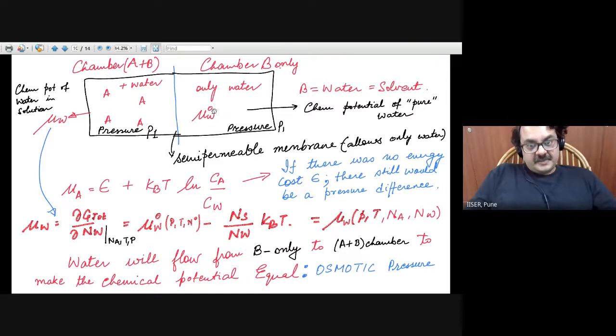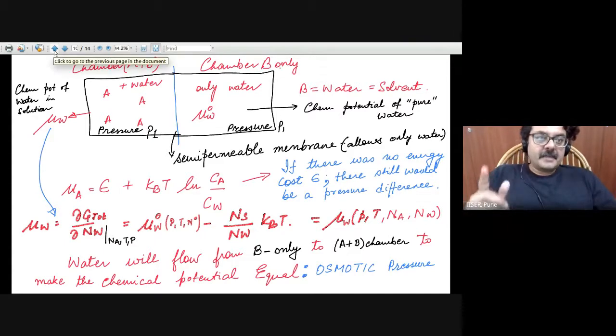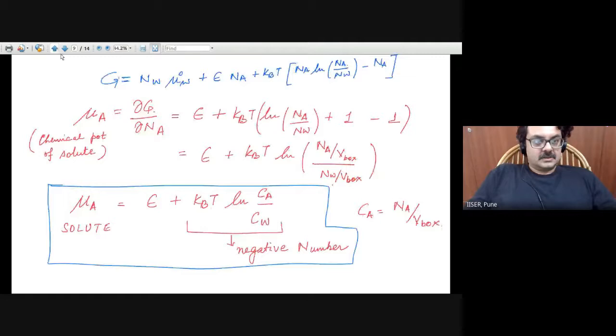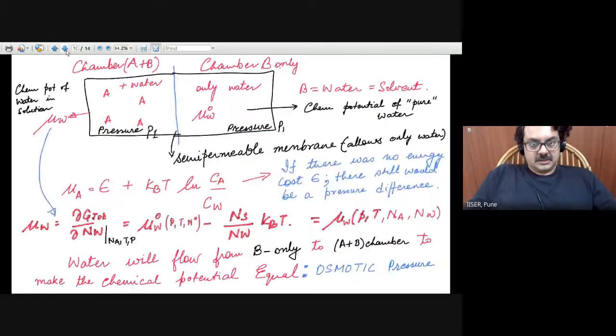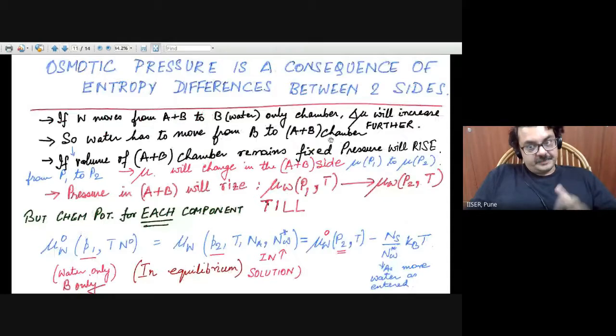But if molecules go from here to here, then this NW, which was here, will become NW star, right? And the chemical potential will become equal. So water has to move from the B chamber to the A plus B chamber to get the two chemical potentials of water equal on both sides of the chamber.